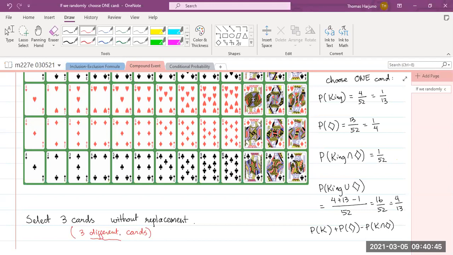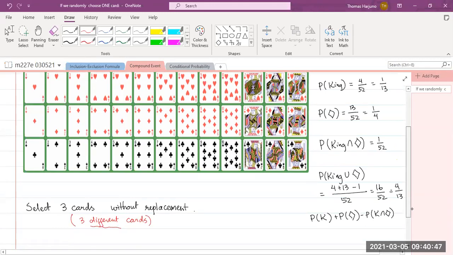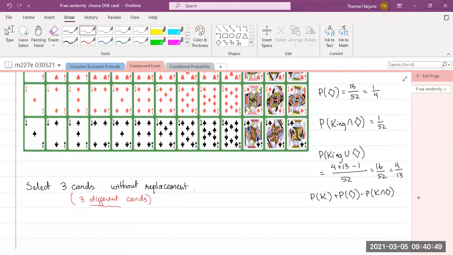Now suppose we have this. Select 3 cards without replacement. Or another way to say it, suppose we select 3 cards, 3 different cards.